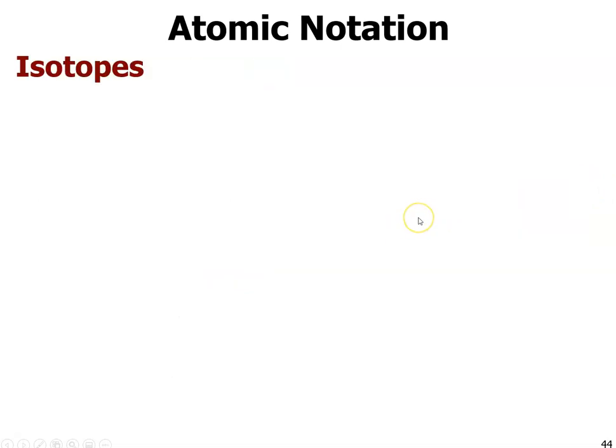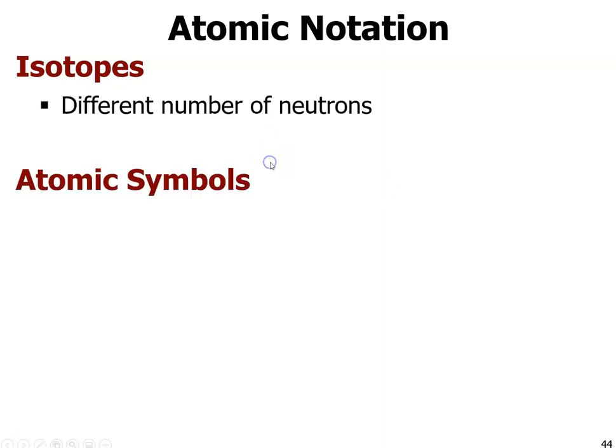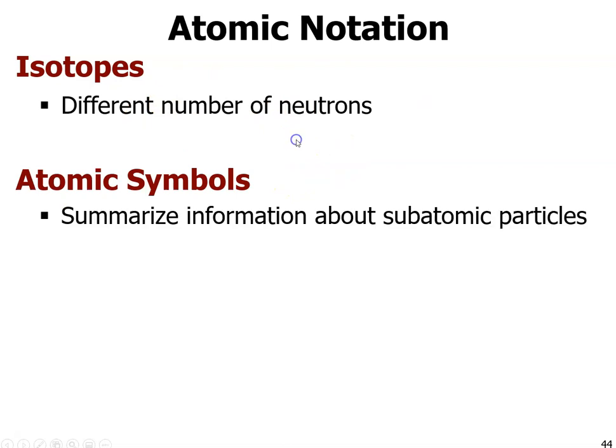Something to think about with atomic notation, here's a term that I want to introduce to you. It's called an isotope. Isotopes are different numbers of neutrons within an element. So you have a different number of neutrons, it's an isotope.